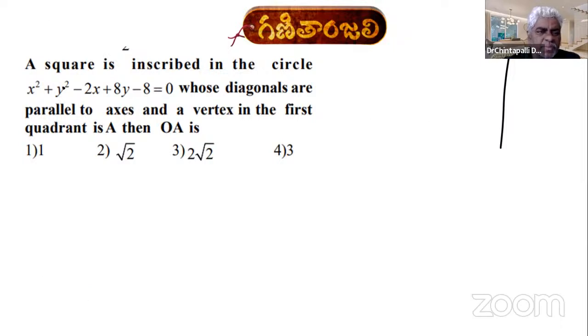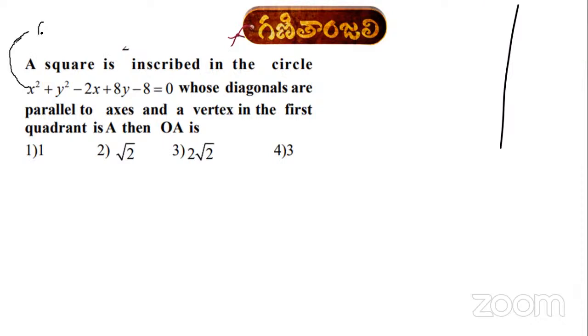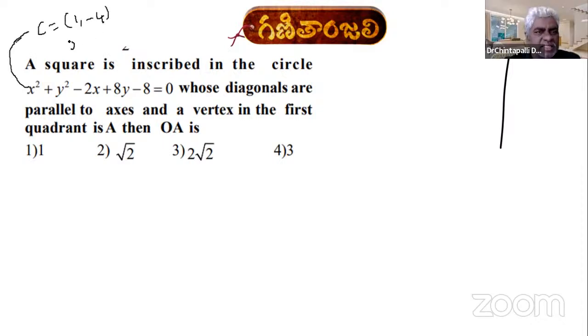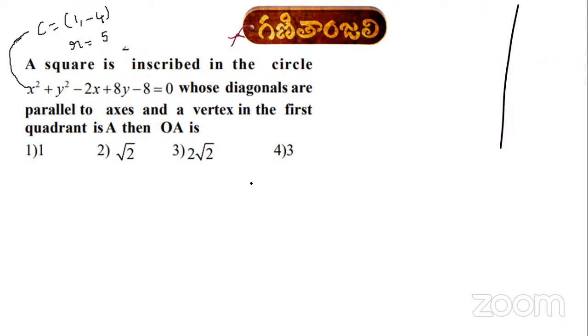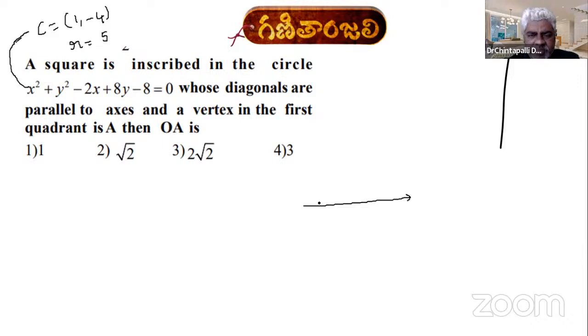You told me, now tell me again, what did you say the center is? What is the center? 1, -4. 1, -4, right. What is its radius? 5. See, the question is, it is the x-axis, it is the y-axis. Where can the point 1, -4 be?